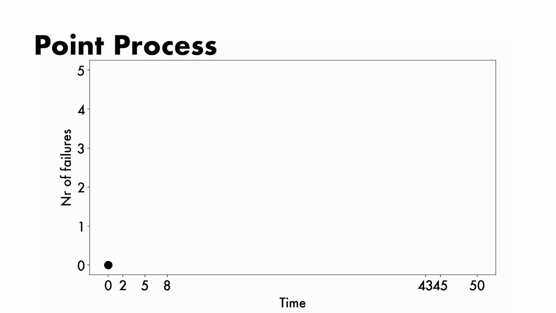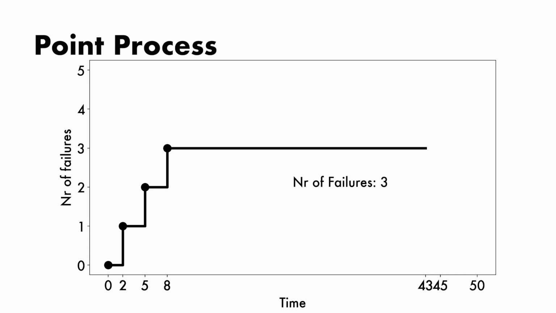Perhaps the most important representation of a point process is the counting process. And I have here an example of a counting random variable for a given system. And you can see here that the function, the random variable, is always non-negative because it doesn't make sense to have number of failures that are negative.